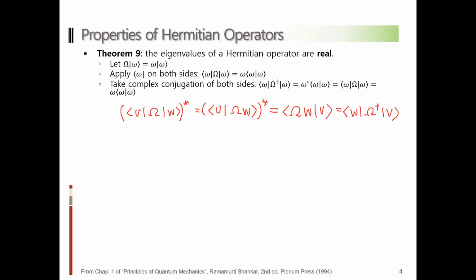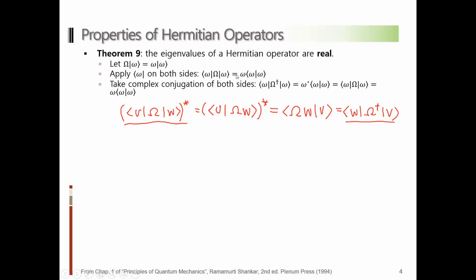This result comes from the definition of the Hermitian conjugate or adjoint of a given operator. So this is a very general relation for the linear operator and complex conjugation. And this relation should be valid even when both of the vectors are the same. So if we apply this relation here, then this is very natural.